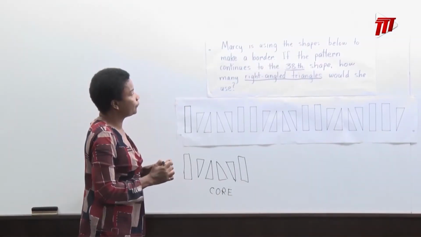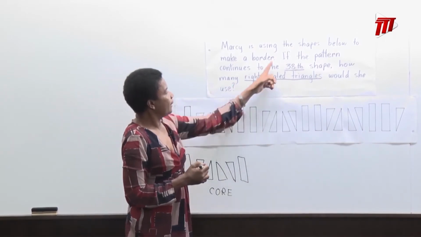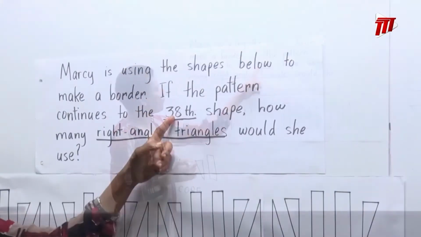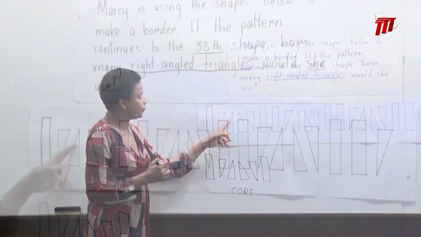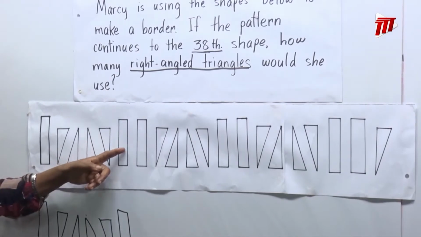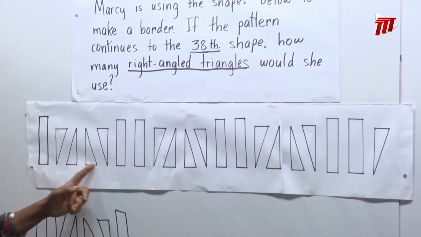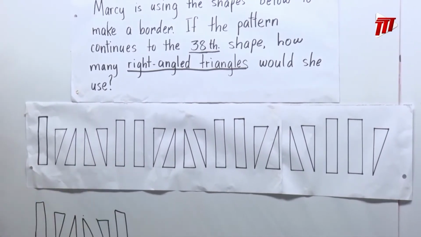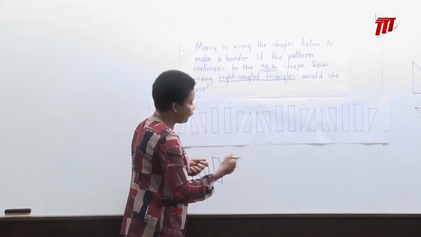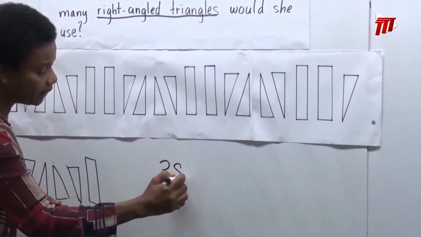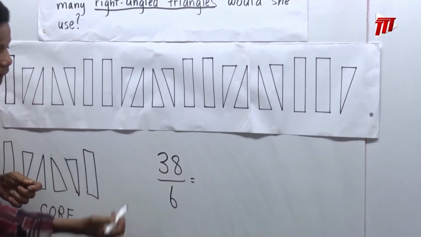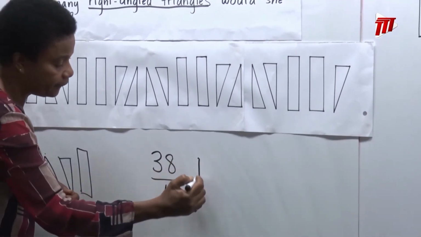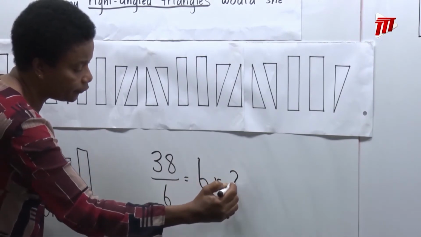Now, let's go to the problem. If the pattern continues to the 38th shape, how many shapes do we need to make our core? 1, 2, 3, 4, 5, 6. So there are 6 shapes to make the core. So if we need the 38th shape, how many cores would we need? 38 divided by 6. 6 into 38 is 6, remainder 2.